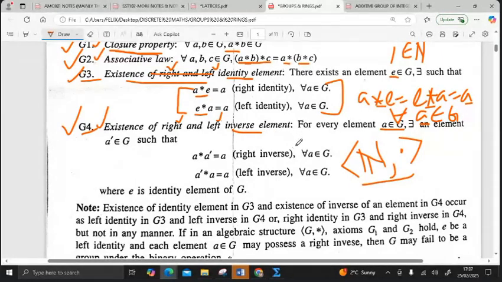Why? You see, the set of natural numbers consists of 1, 2, 3, and so on. Now, let's talk about 2. Of course, 1 multiplied by 1 is 1. Remember, when we're talking about inverses, what you're supposed to have in mind is the identity element.